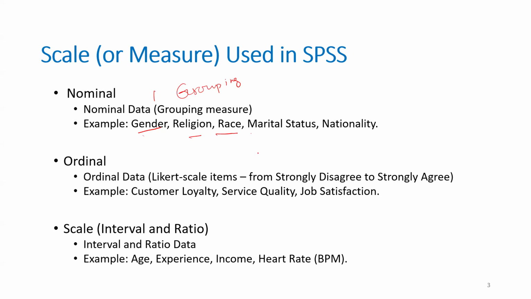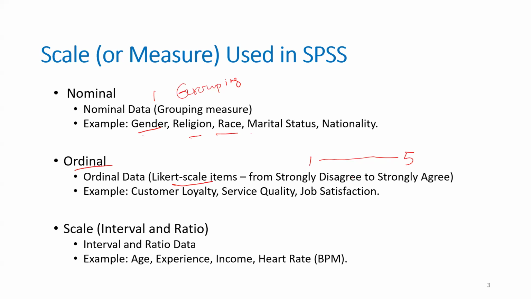Whether two groups or more, that can be measured using the nominal scale. Then we have the ordinal scale. Basically it's like Likert scale items, where we measure from strongly disagree to strongly agree. Strongly disagree is 1 and strongly agree is 5. This way we can measure.